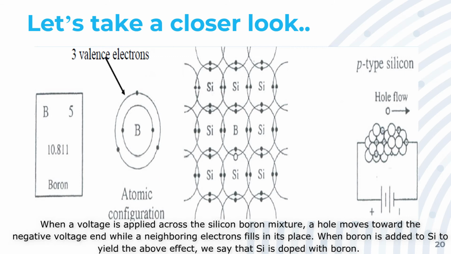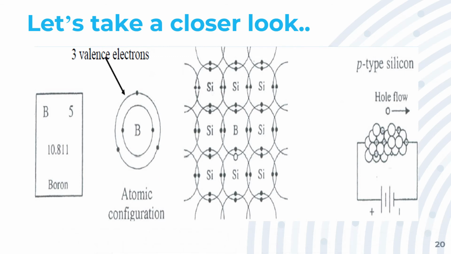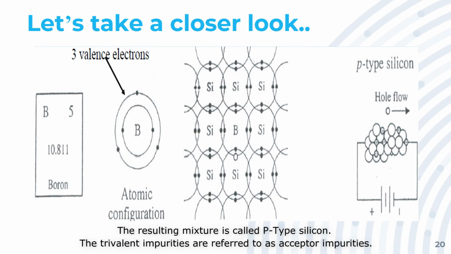When boron is added to silicon to yield the above effect, we say that silicon is doped with boron. The resulting mixture is now called p-type silicon. The trivalent impurities are referred to as acceptor impurities.